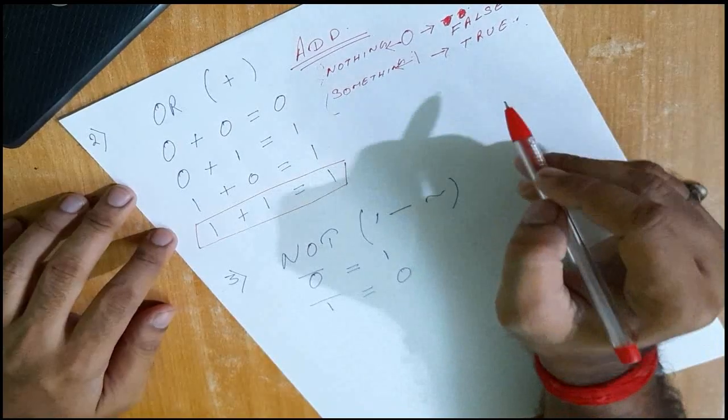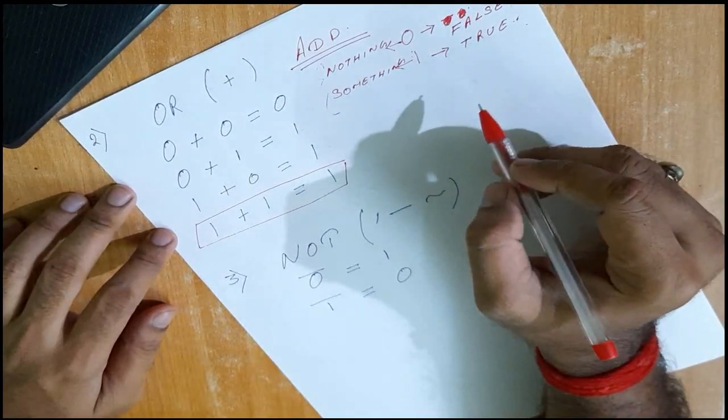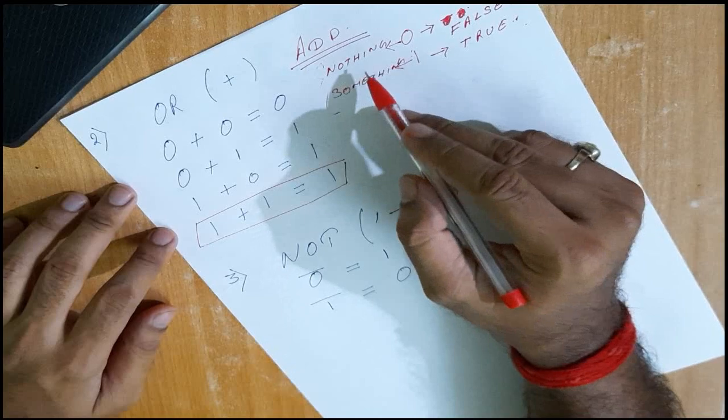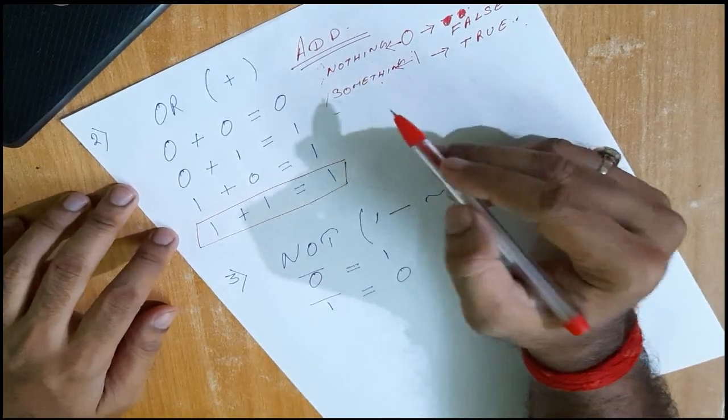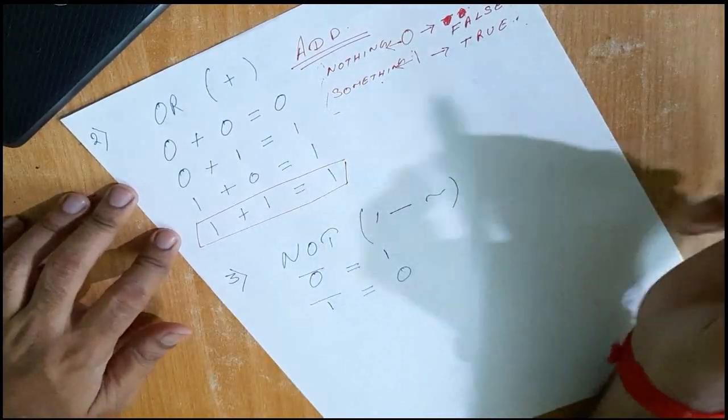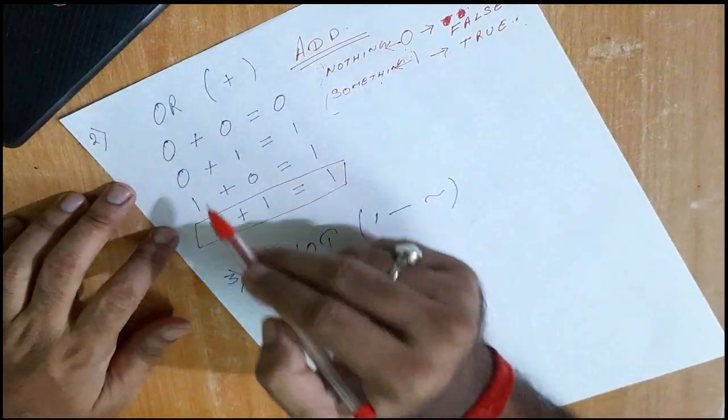Now, if we narrate this in terms of nothing and something, let's see if it makes sense. 0 means nothing.